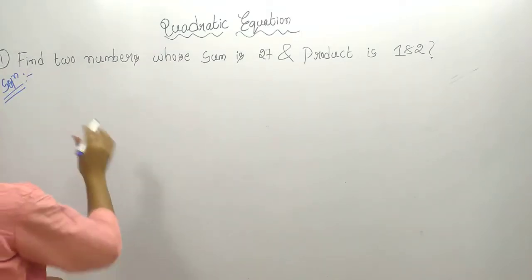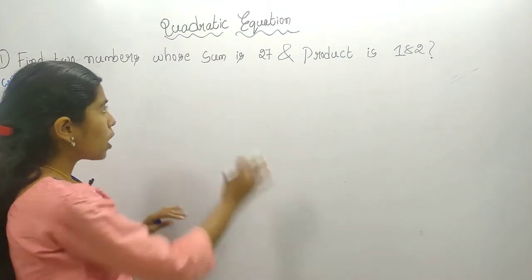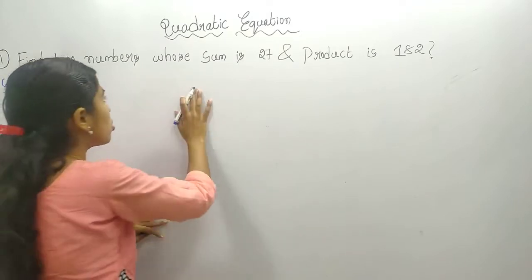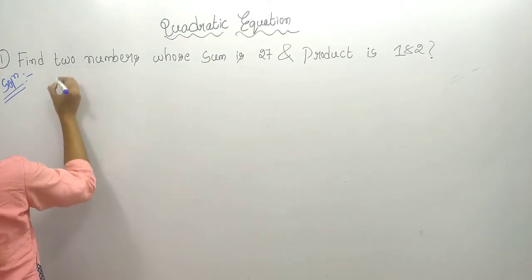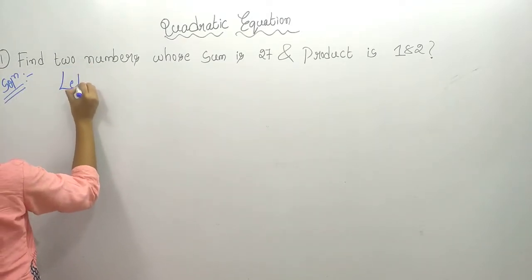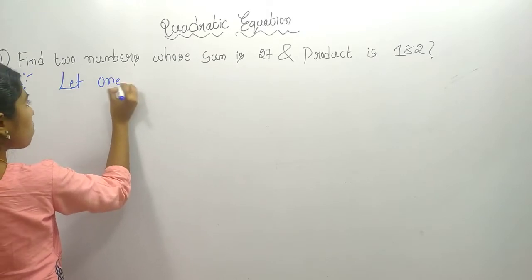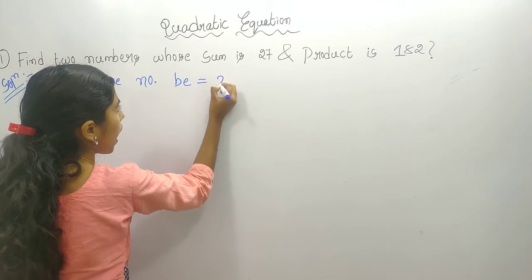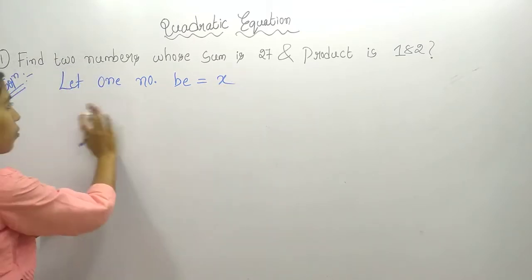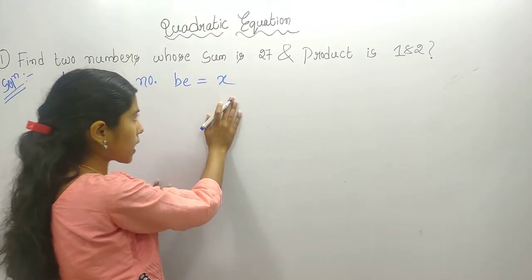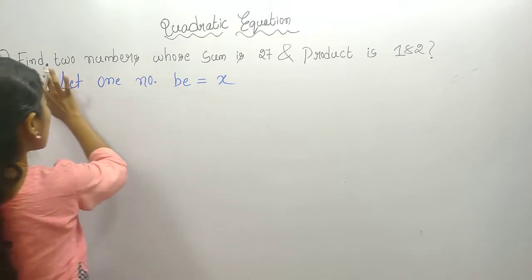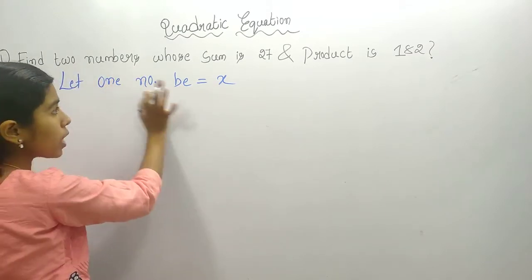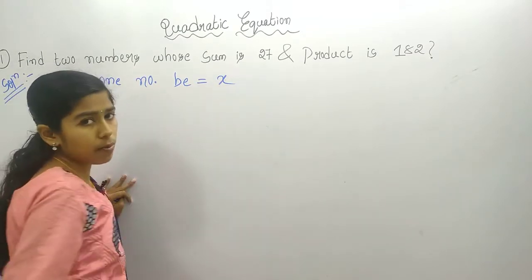Here it's given: find two numbers whose sum is 27. First, let one number be x. Two numbers are there, and if we add them, then 27 will come.